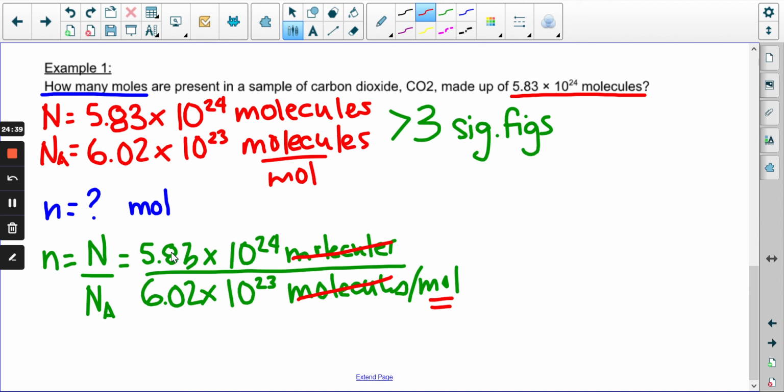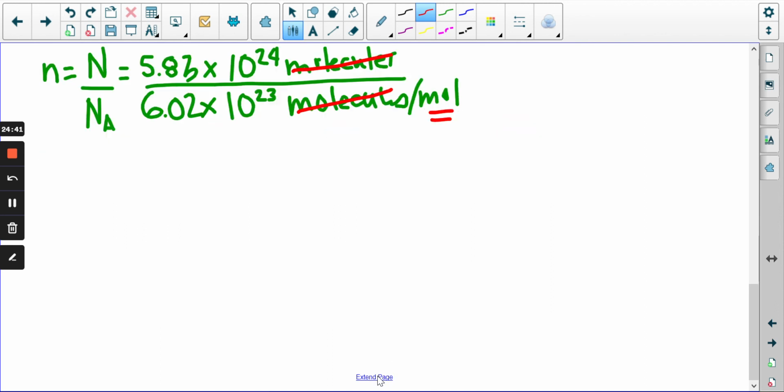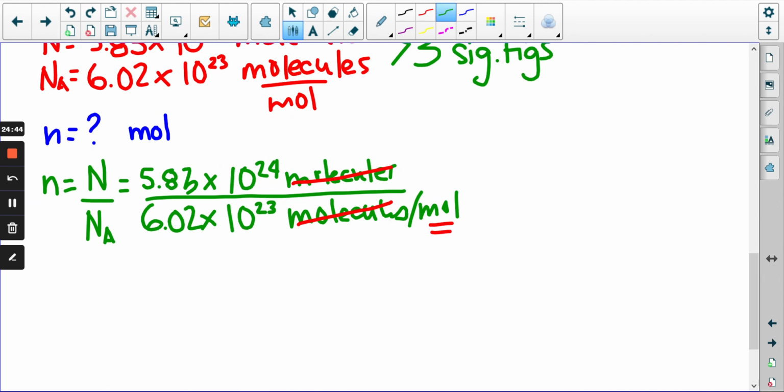So typing these numbers into my calculator, what we should get, hopefully, for the number of moles for N is 9.68438, and then a whole bunch of other digits.